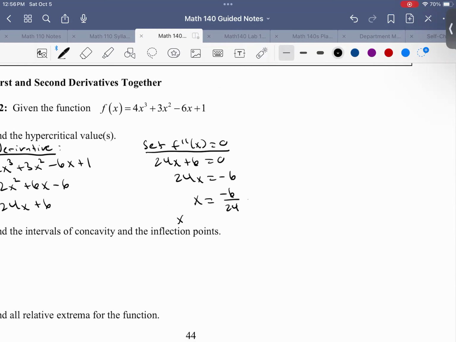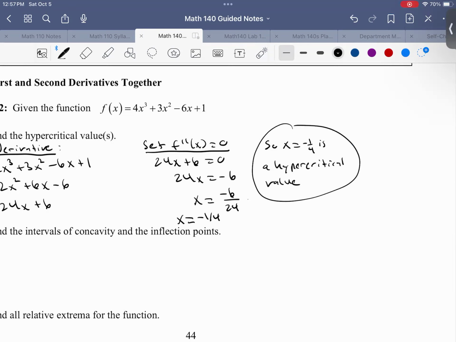So then x, if you reduce -6 over 24, you get -1/4. Okay, so x equals -1/4 is a hypercritical value. Okay, so we only have one. We have one hypercritical value.